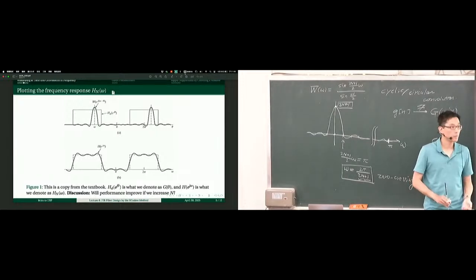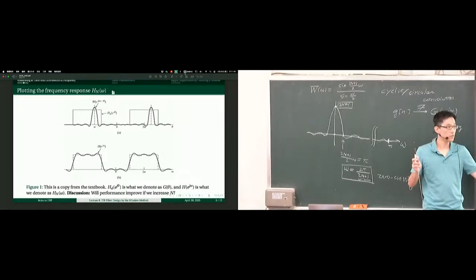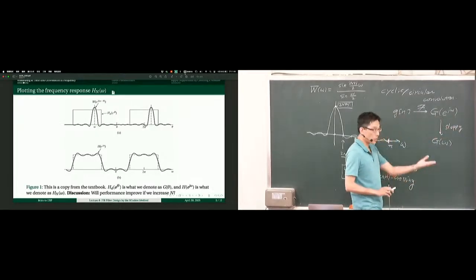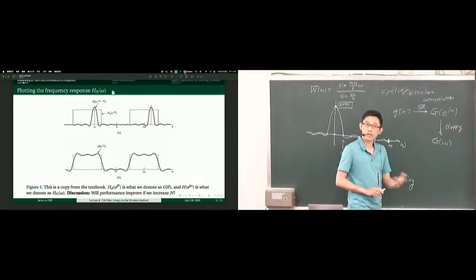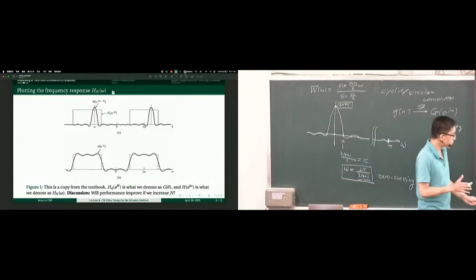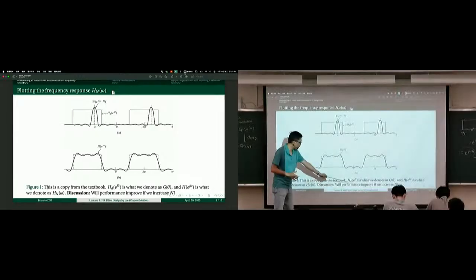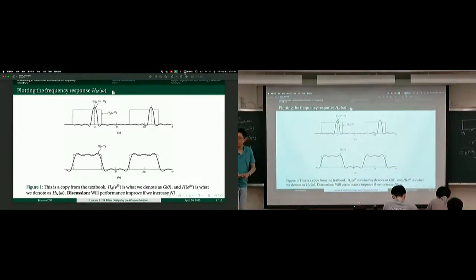Intuitively, it's correct. When you can afford the memory, try to increase n. It's kind of common sense. The performance should improve when we increase n, okay?